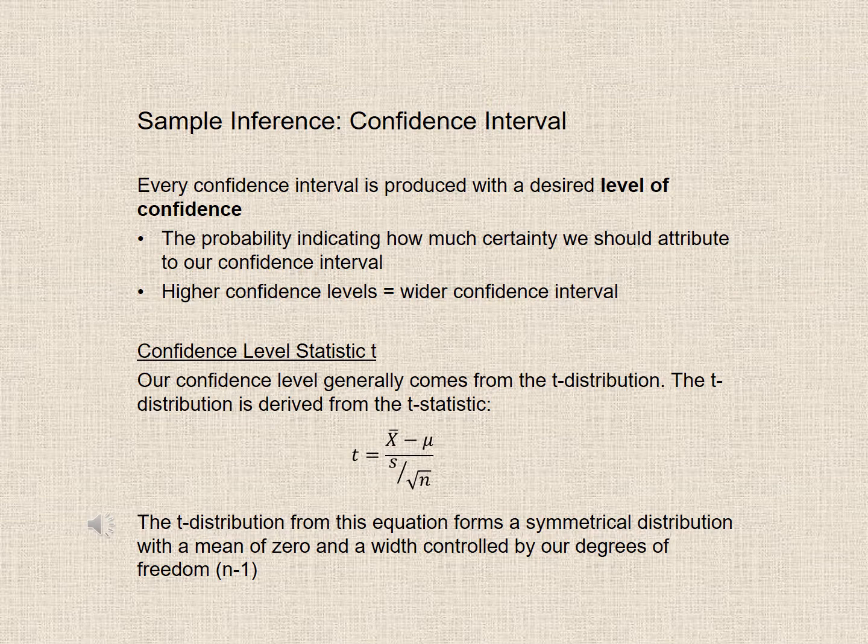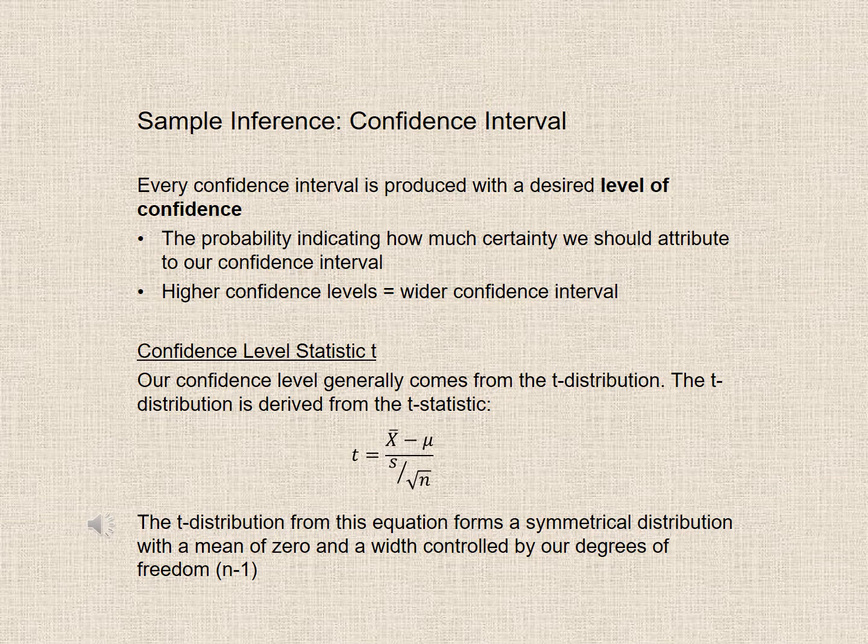All other things held constant, a higher confidence level will produce a wider confidence interval. Put another way, a wider confidence interval will give us more confidence that the true test statistic is within those bounds.